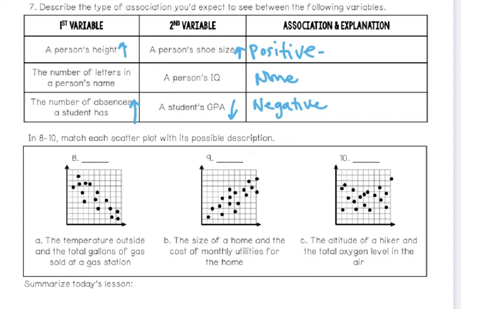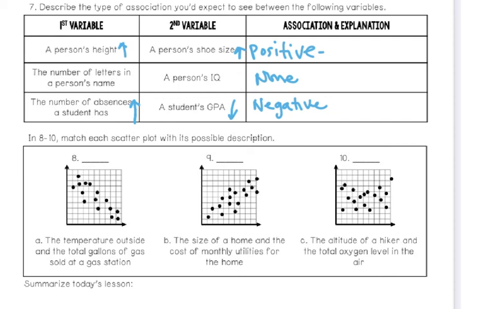In examples 8 through 10, we're going to match each scatter plot with its possible description, and you'll see some of this in your homework today. The first example talks about the temperature outside and the total gallons of gas sold at a gas station. Does that have any correlation?